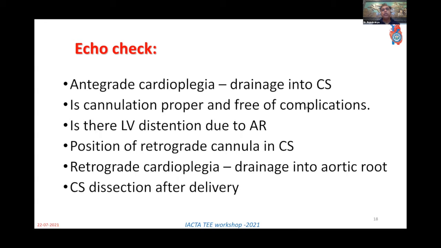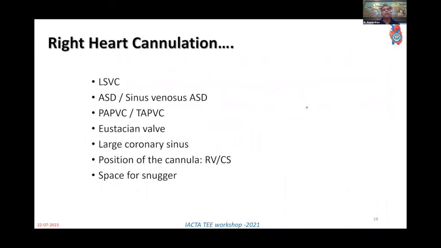We can check the position of the coronary sinus cannula. If it is retrograde cardioplegia, we must look for drainage into the aortic root. And after the surgery, we must make sure that there is no dissection of the coronary sinus. The right heart and the LSVC are things which can hamper our procedure.